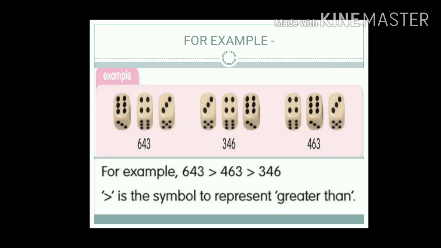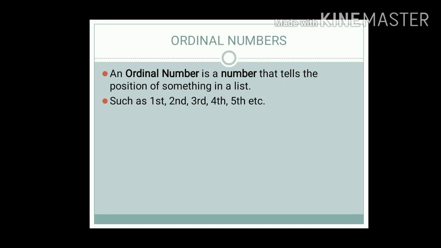Now children, let me tell you what ordinal numbers are. Can you recall something? Yes, we have already learnt about this in your previous class, right? An ordinal number is a number that tells us the position of something in a list. A list means a series of objects or a sequence.